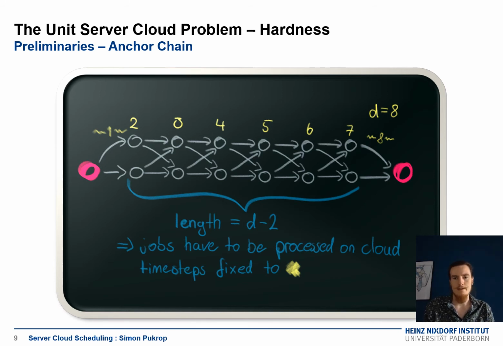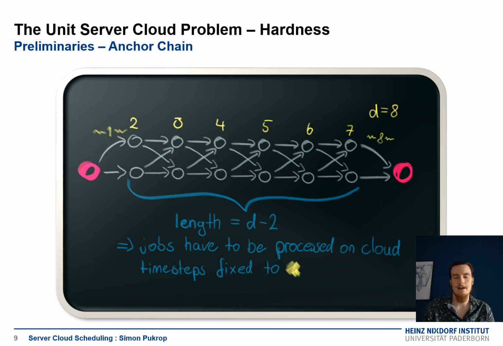And then the idea is that all the jobs of this anchor chain have to be placed on the cloud, because if we put something on the server, either we put multiple things on the server, but then those have to be done in series, which will go over the deadline restriction that we have, or we put only single ones of them on the server, but that would invoke additional communication delays, which would also get us over the deadline restriction.